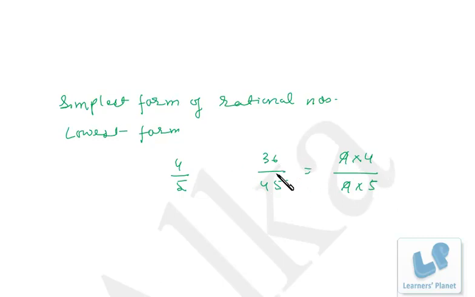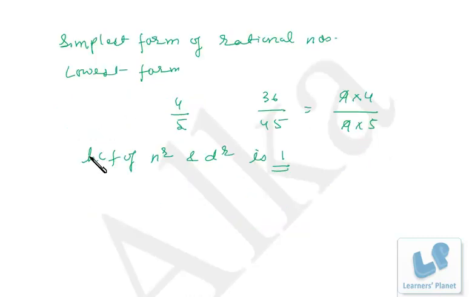That means 36 by 45 is nothing but 4 by 5, right? So the simplest form of 36 by 45 is 4 by 5 when the HCF of numerator and denominator is 1, right? So if the HCF of numerator and denominator is 1, that will be the simplest form of a rational number.